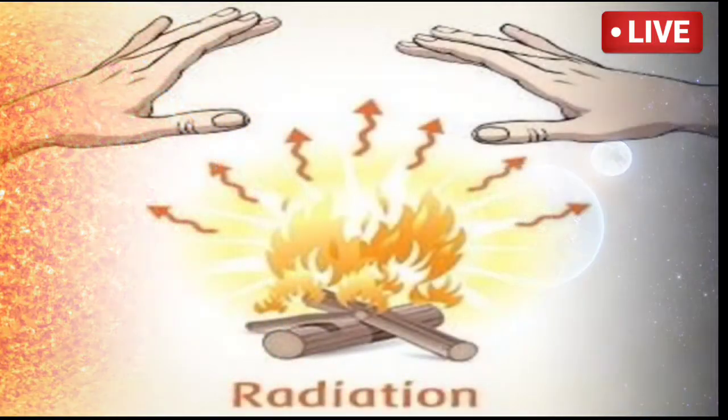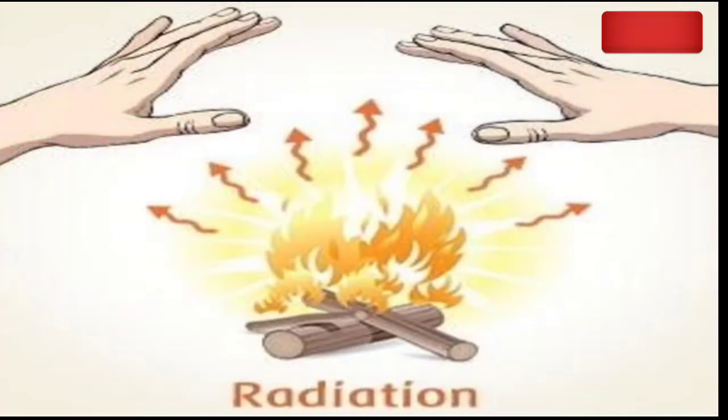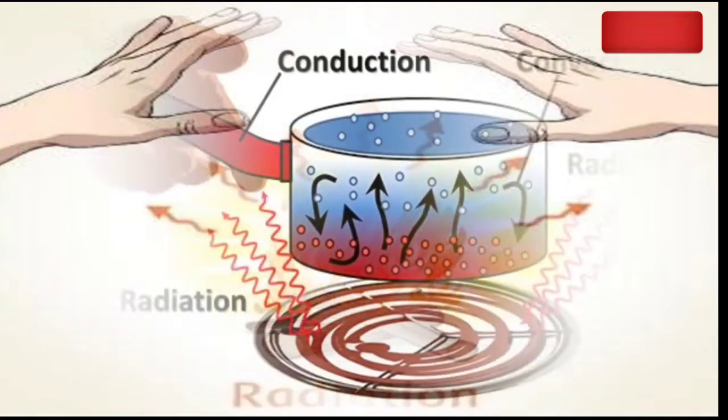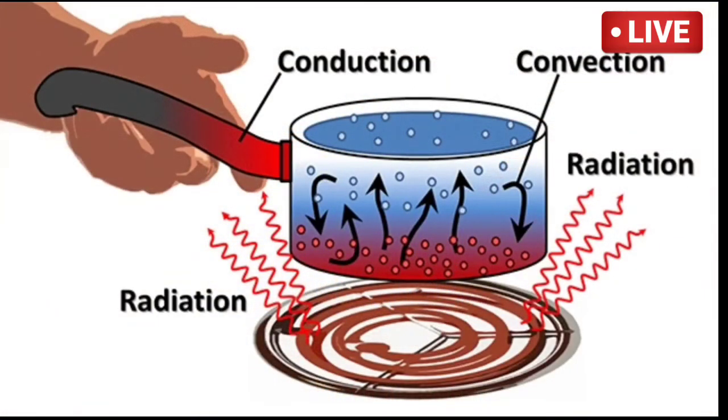For better understanding, I am taking another example here. My dear children, observe here. If you hold your hands close to the fire, what will happen? You will receive the heat from the fire. This is called radiation. When you touch a heated vessel, you will receive heat from the vessel, right?